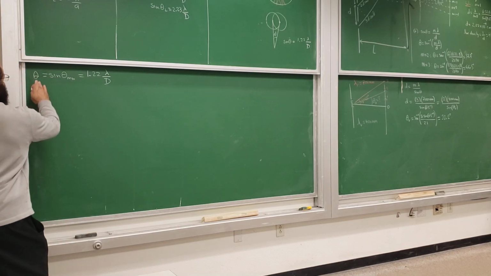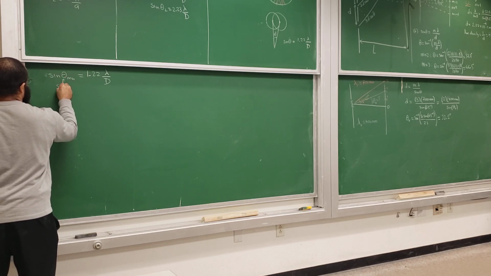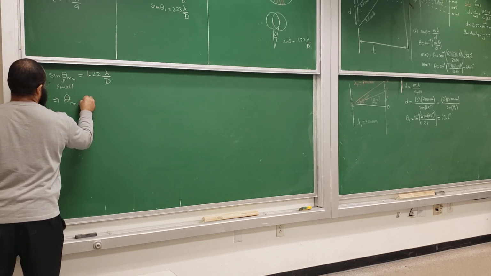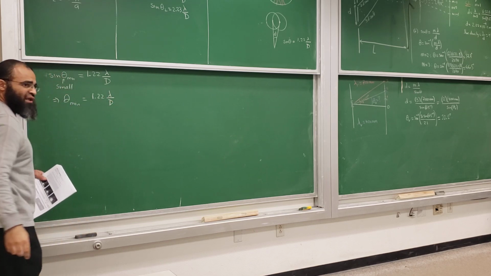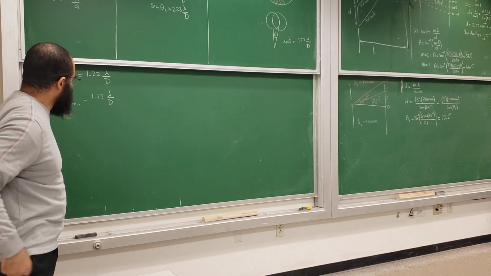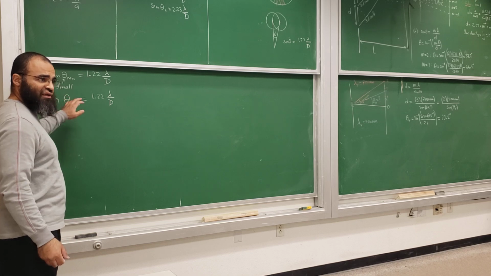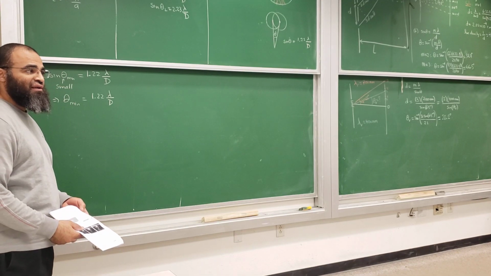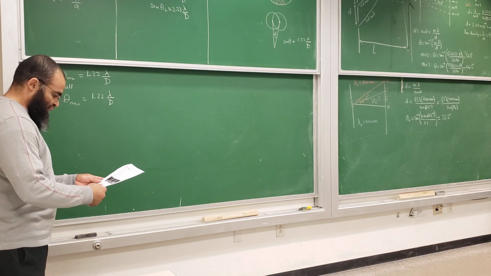So if this is small, then theta minimum is equal to 1.22 lambda over d. Theta, notice, will be in what units? It's not going to be in degrees, right? It's going to be in radians. When the angle is small, the sine is equal to the angle in radians. For example, 2 degrees is a small angle, right? But sine of 2 degrees is not equal to 2. Sine cannot be 2.